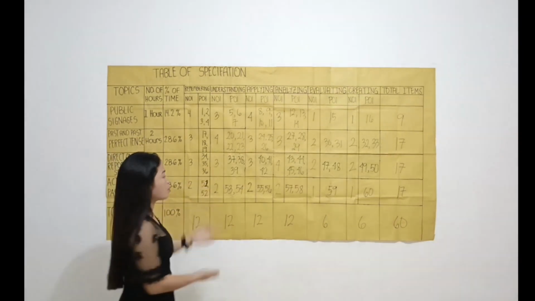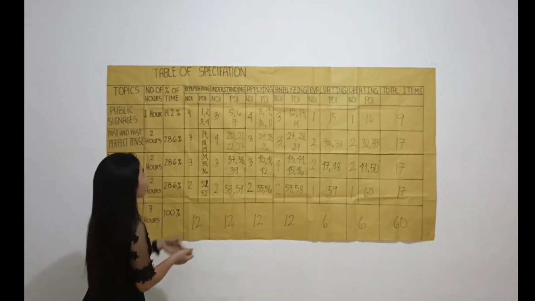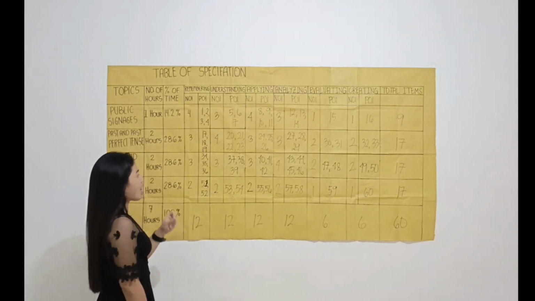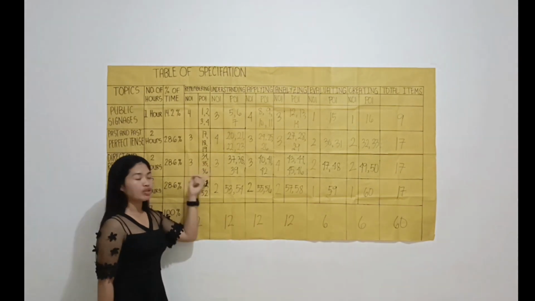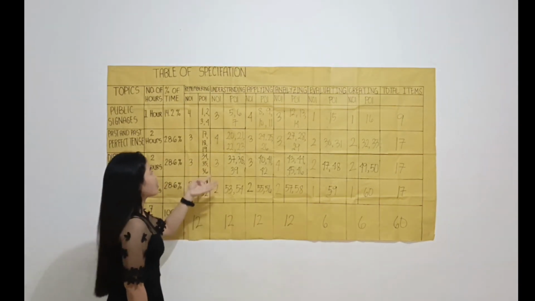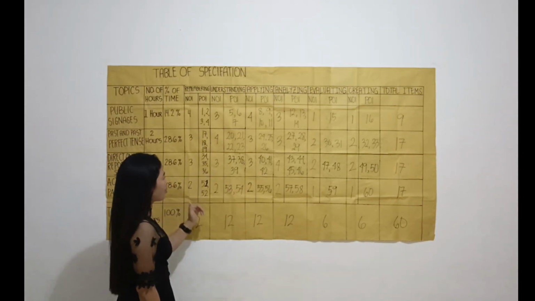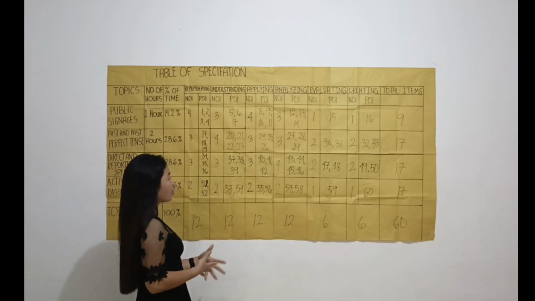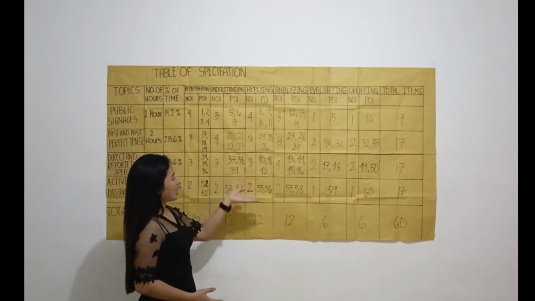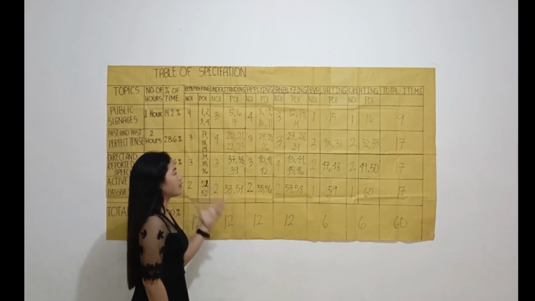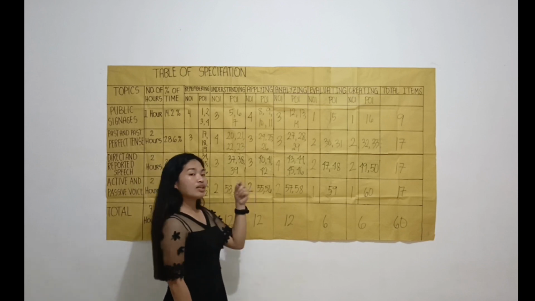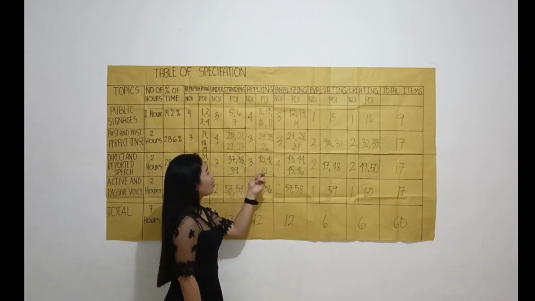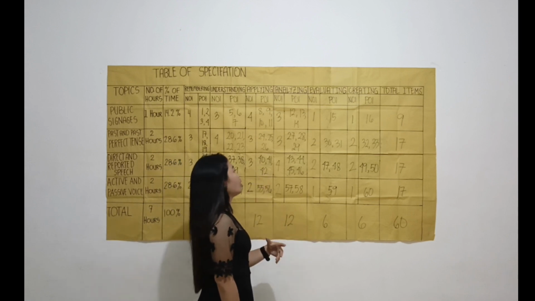The same thing will be done. For the remembering competency, we will only get 3 items, placed in numbers 34, 35, and 36. For understanding, we are going to get 3 items, placed in numbers 37, 38, 39. For applying, we're also going to get 3 items, placed in 40, 41, 42.